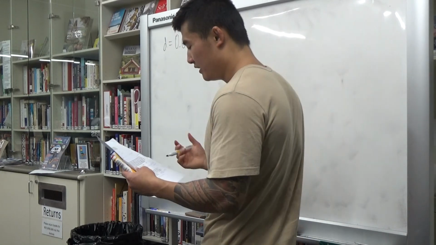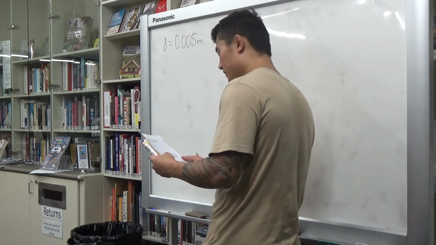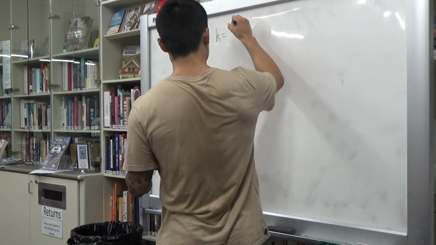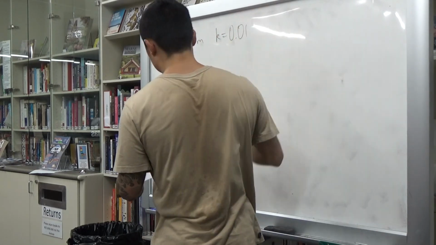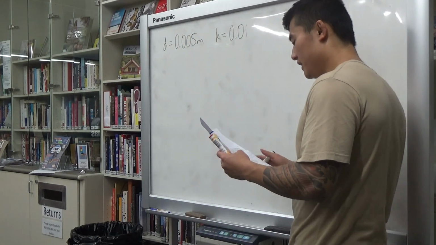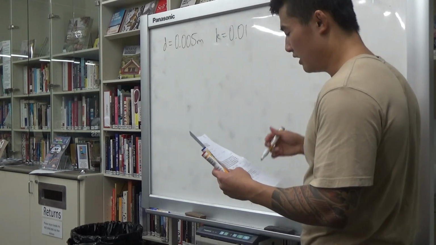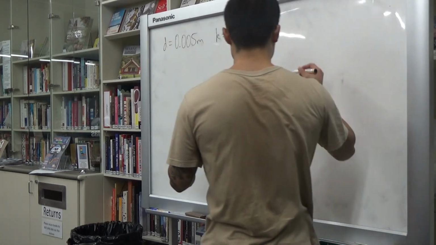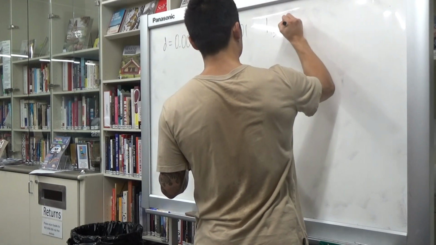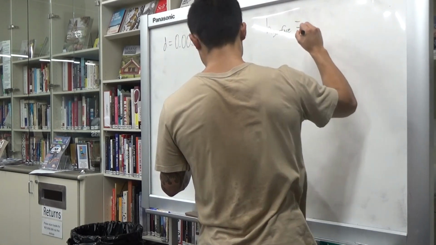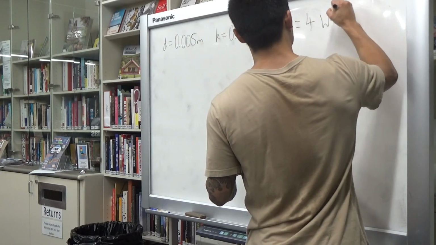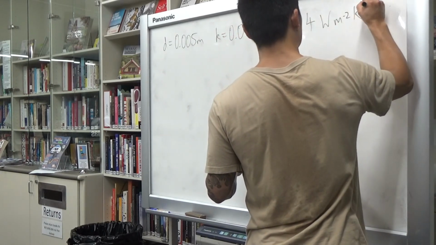We have a coefficient of thermal conductivity, so that's K, which is equal to 0.01. And the air is quite still, giving a surface heat transfer coefficient of 4 watts per meter squared per Kelvin. So H of surface is equal to 4 watts per meter squared per Kelvin.